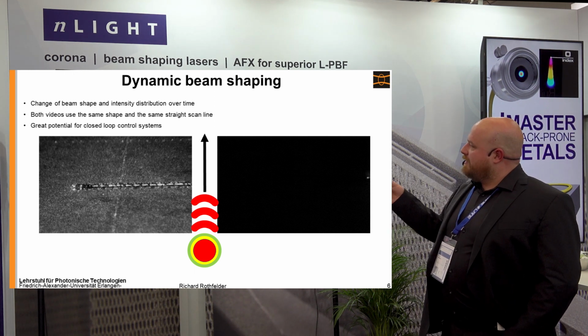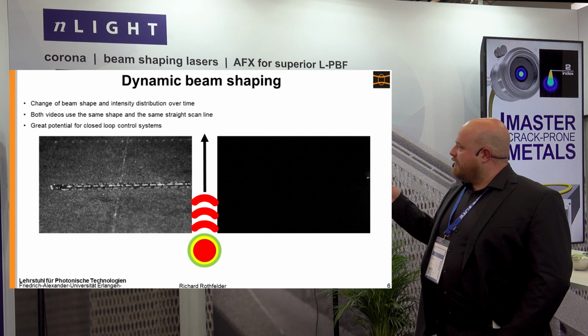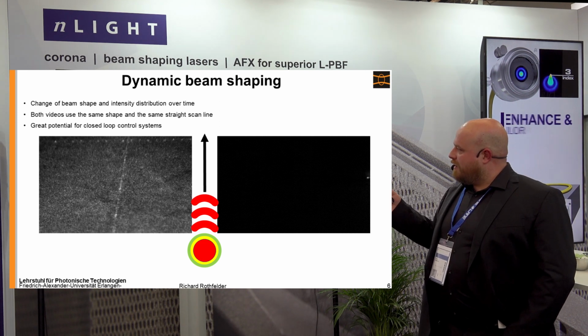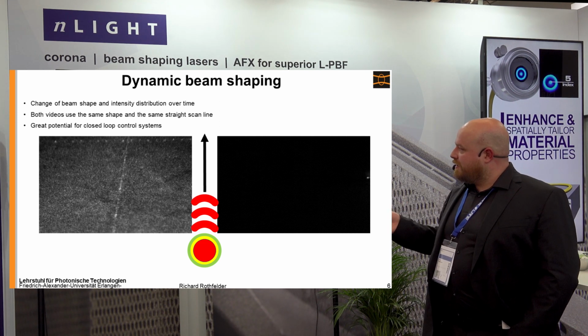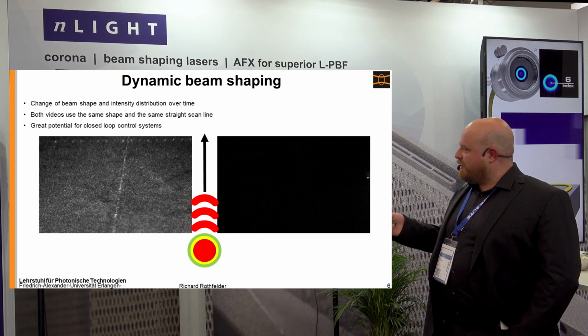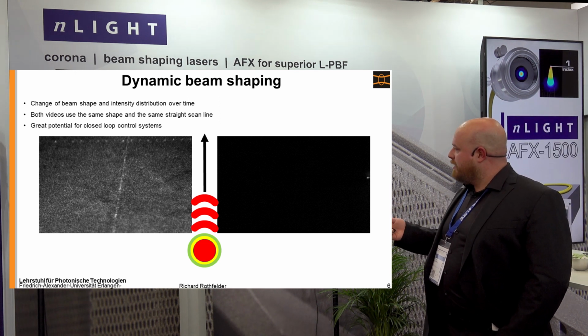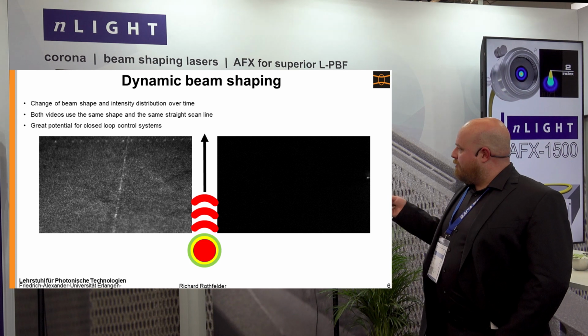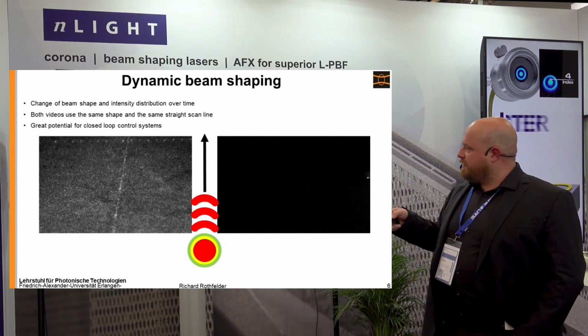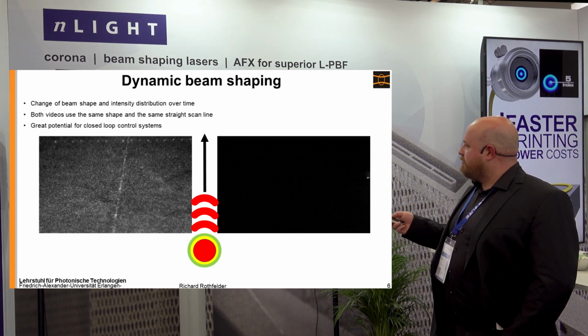You really have a smooth, round melt pool, which would be really good for working in additive manufacturing in a powder bed. But now we could change the frequency of our profile to create another effect.